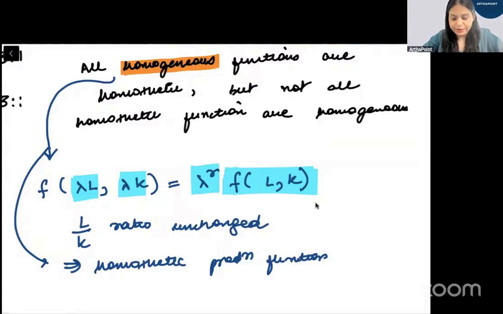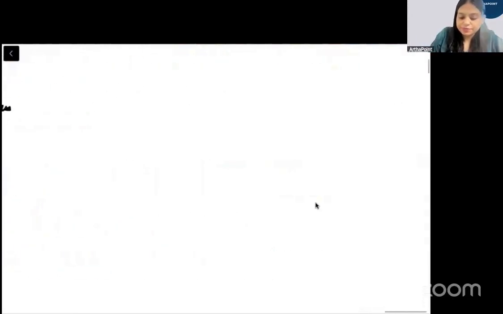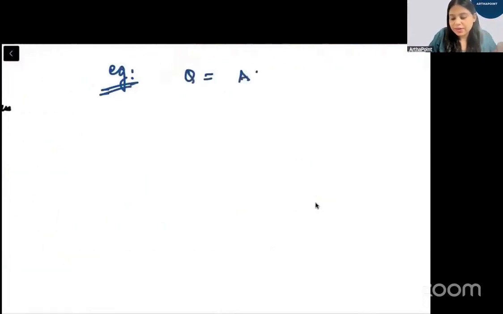Let's take an example. I've already taught you Q is equal to A, L to the power alpha, K to the power beta. Is it homogeneous?